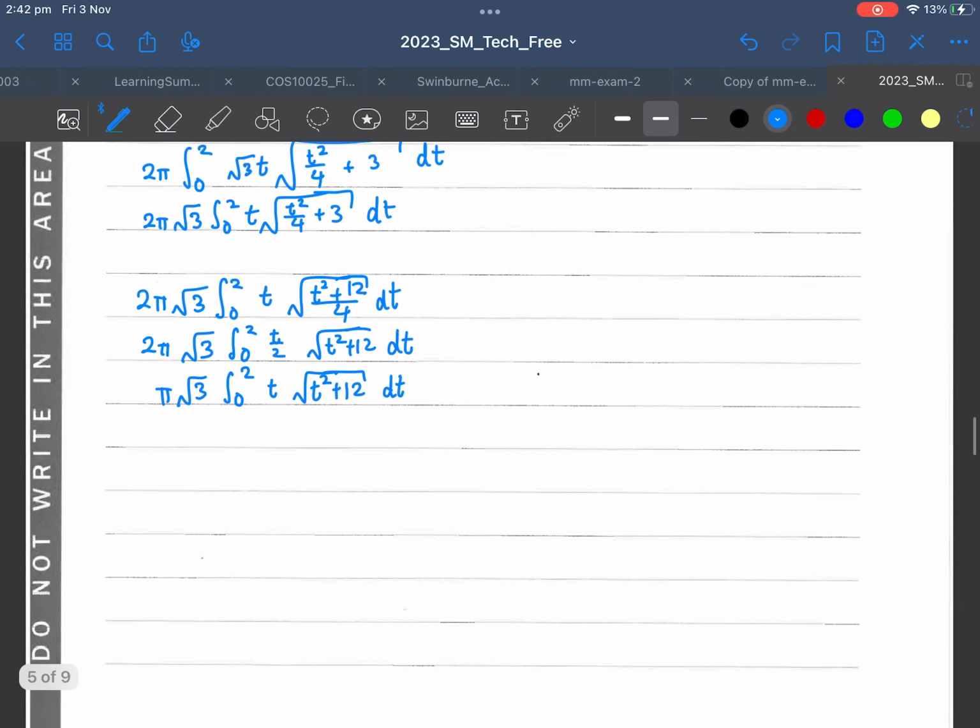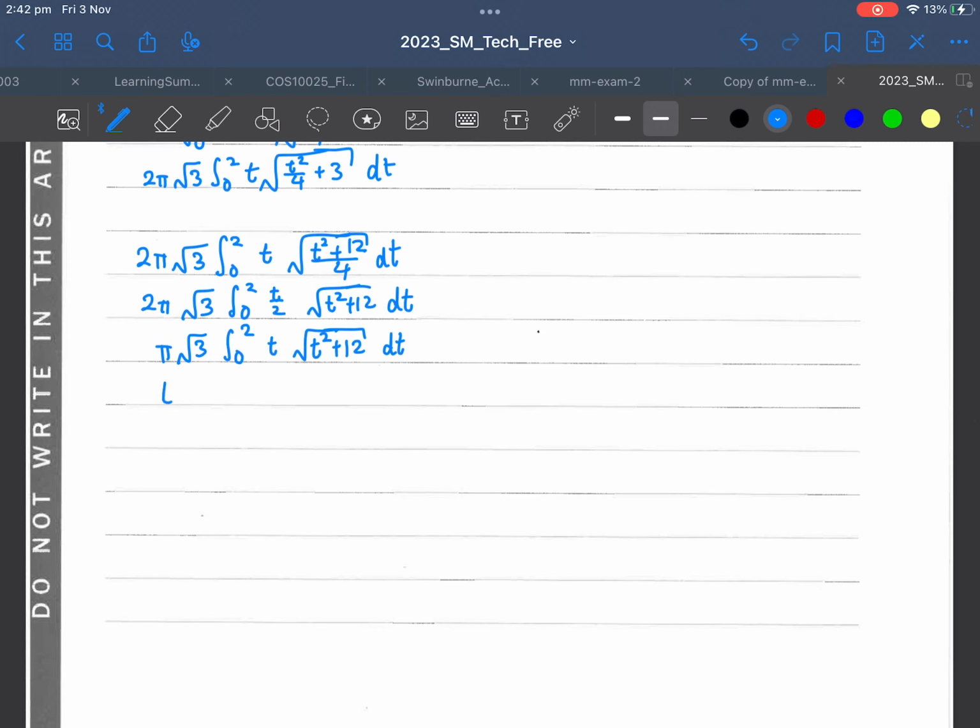Okay, I am going to say that let u equal t squared plus 12, so du dt would be 2t. So dt equals du on 2t.